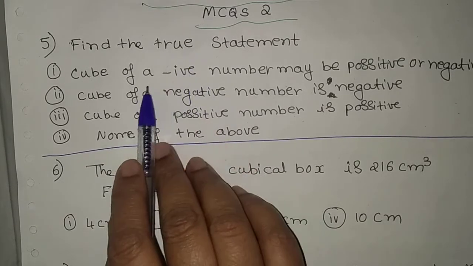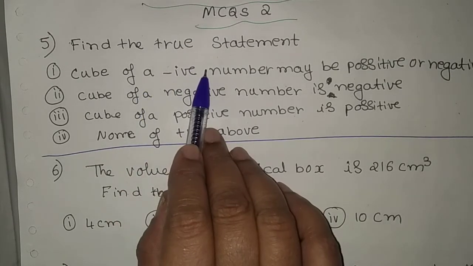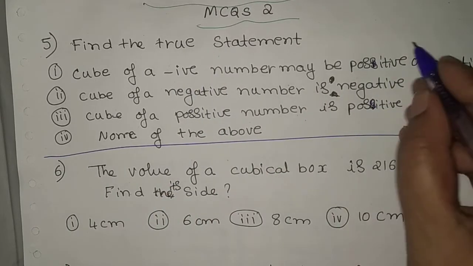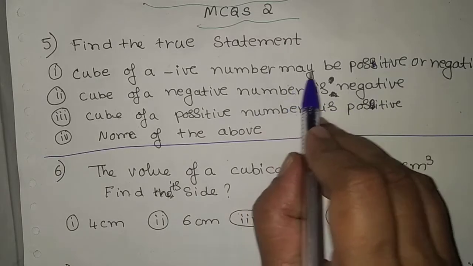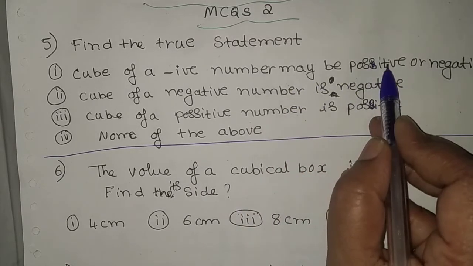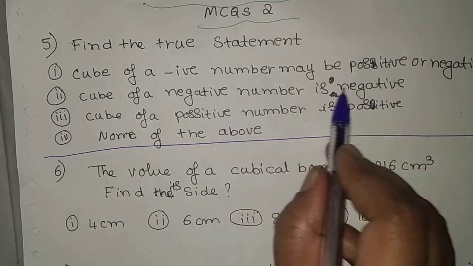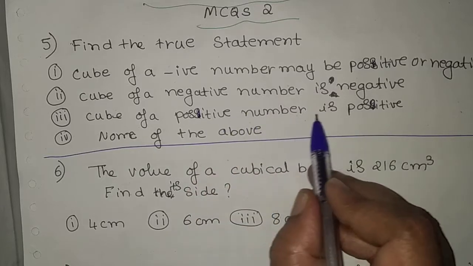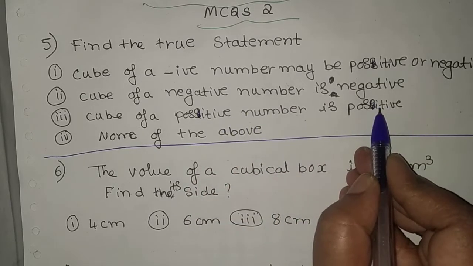Cube of a negative number may be positive or negative. Is this true? No, this is false. Cube of a negative number is negative. Cube of a positive number is positive.